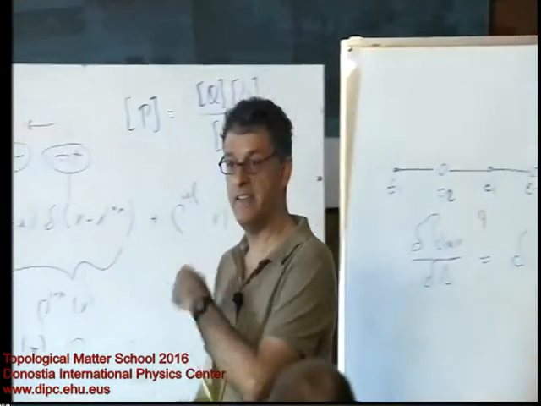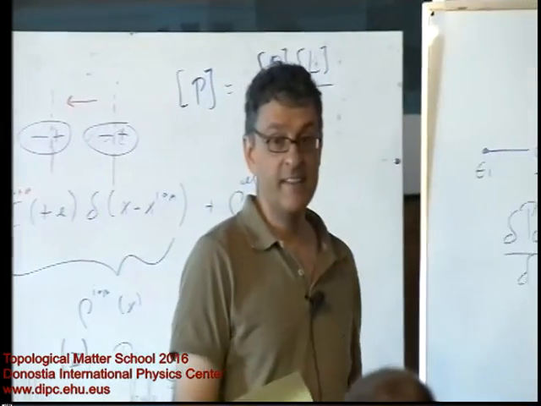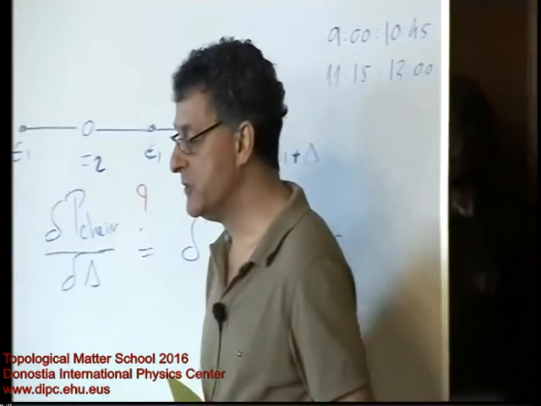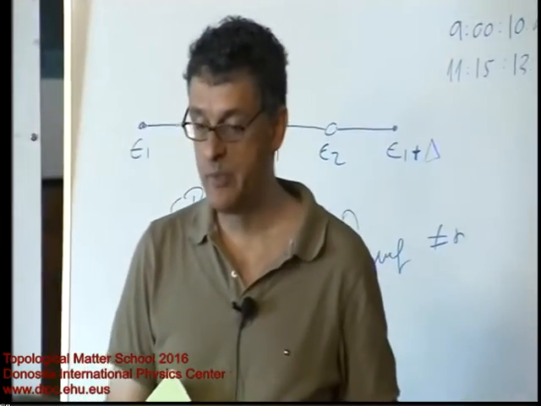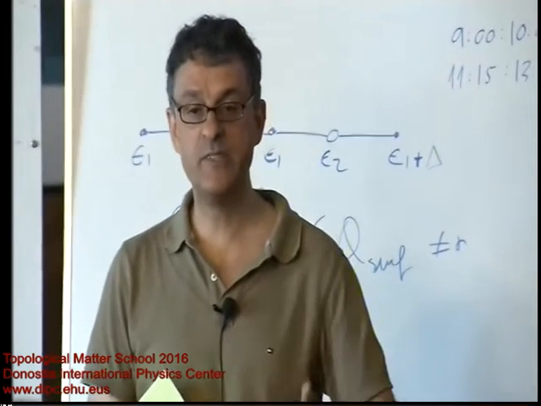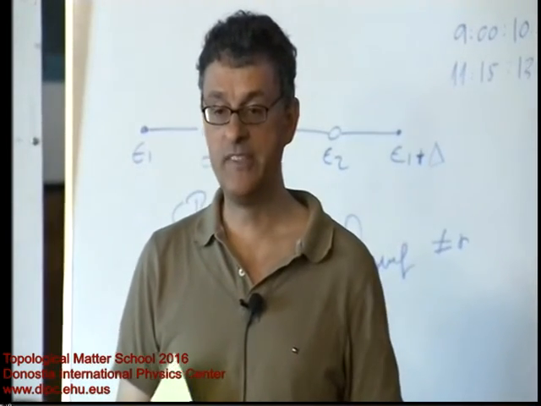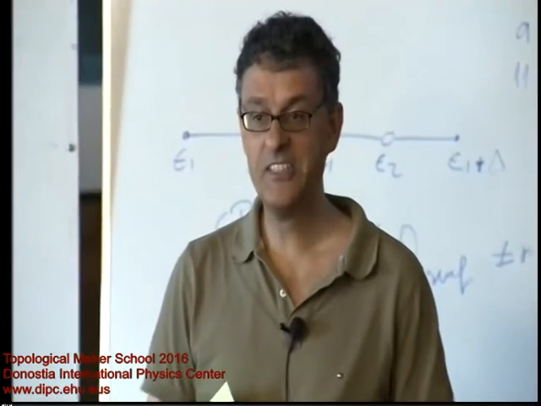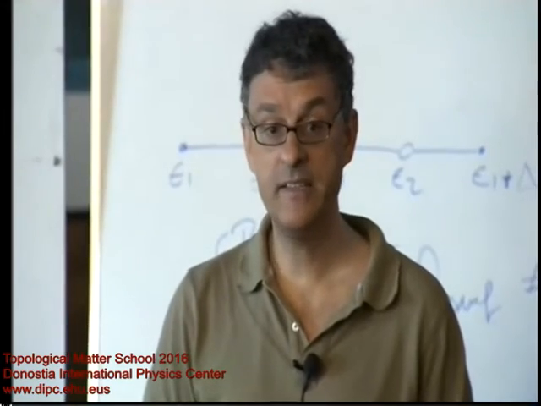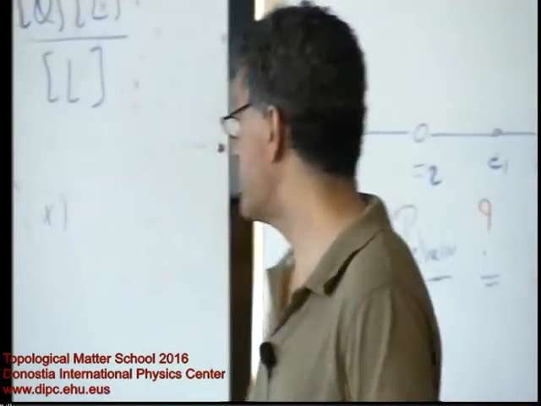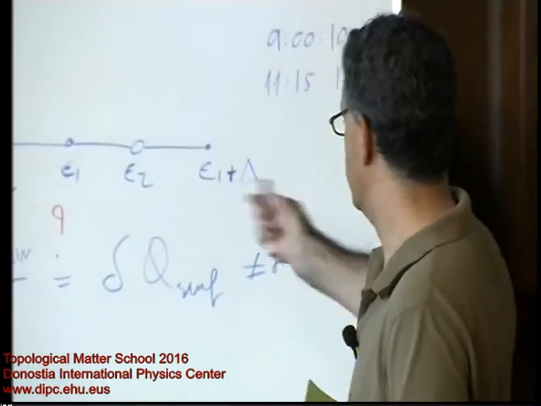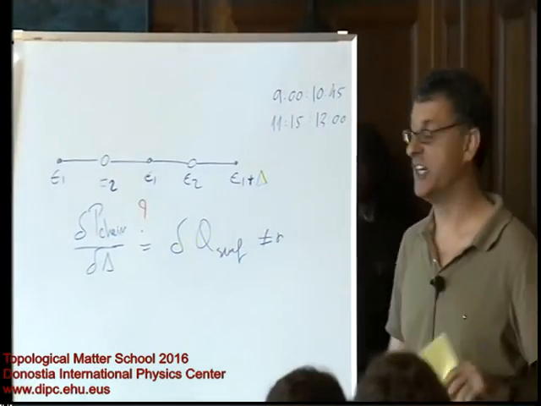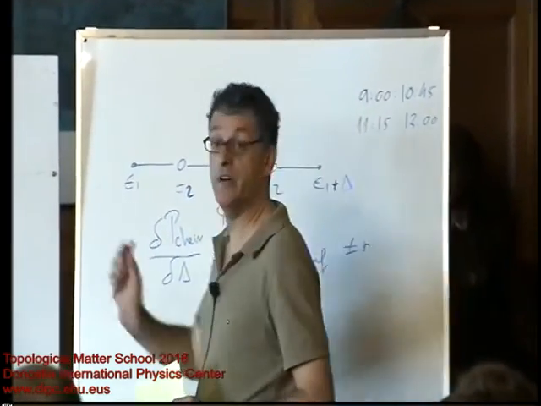Actually, this topic was very hotly debated in the 60s and 70s when people were trying to understand whether certain properties related to the polarization, like the piezoelectricity, which is the change in polarization as you strain a crystal, is a bulk property. So there were very heated debates about this topic in the 60s and 70s, because indeed, this limit is subtle. So it's not clear that boundary contributions or surface charges can be argued away. Okay?